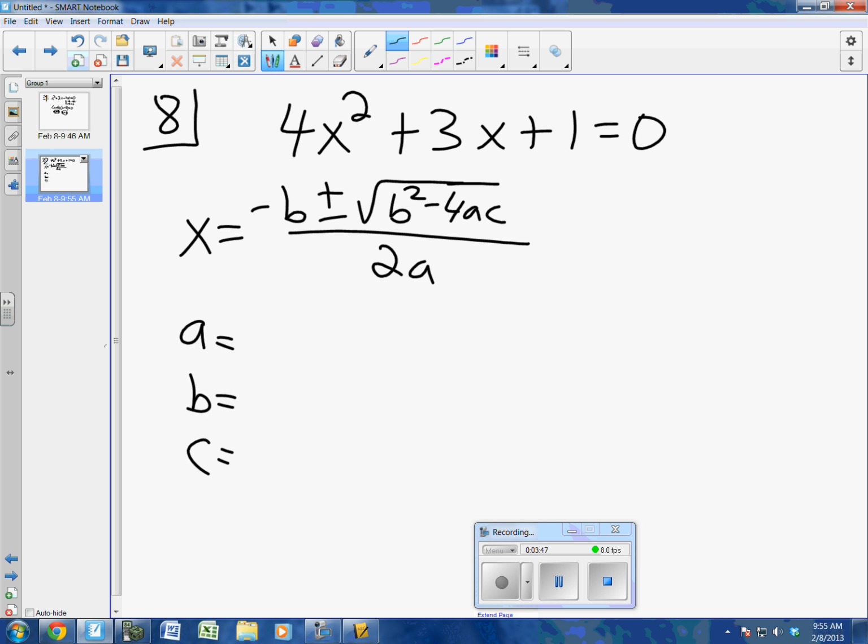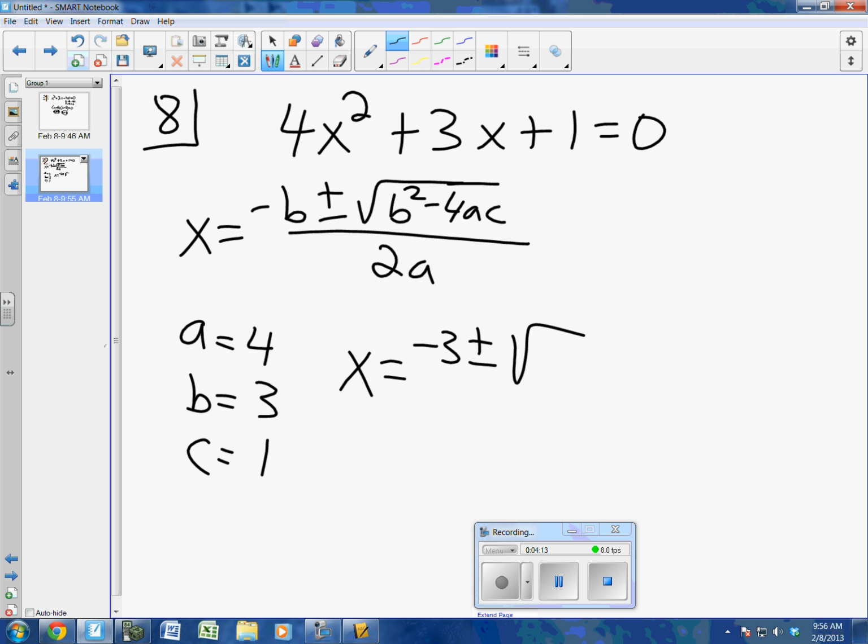Okay, Gabe, what's a, b, and c in this one? 4. 1 is the c. And I'm going to plug these in here. Negative b. The opposite of b would be negative 3. Opposite of b, right? Plus or minus the square root of. We haven't figured out the discriminant yet.